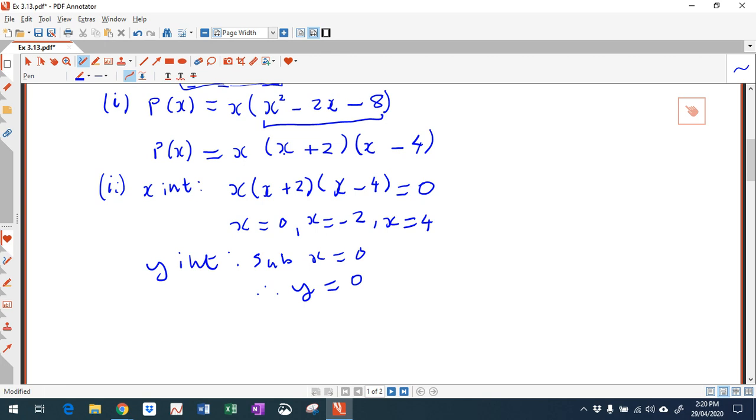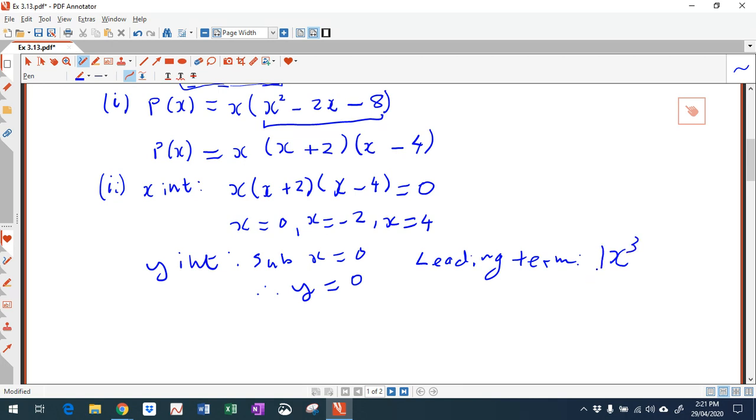That's good to know. What else can I do to sketch it? Well, I know that my leading term, so if I look over here, leading term, what is that? Leading term is x cubed. Okay, that's x cubed. And think of this as 1x cubed.